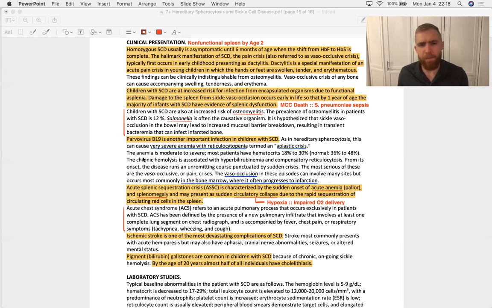Osteomyelitis: very painful bones. Likes to occur following a cut, right? That would be just the direct contiguous spread. Or in the case of salmonella, if it's enteric, it gets into your body, goes through your bloodstream; that's a hematogenous osteomyelitis. Transient bacteremia that can infect infarcted bone.